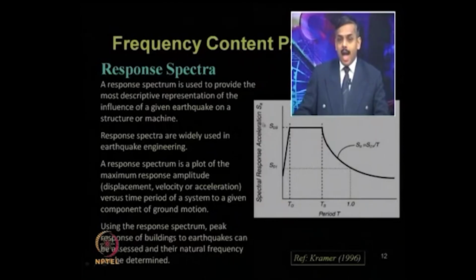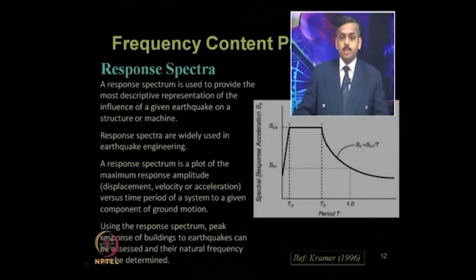As shown in this picture, it is the acceleration response spectra, because the y axis shows the acceleration SA. If it is SV, the spectral response velocity, then we call it the velocity response spectra. If it expresses the spectral response displacement, then we call it a displacement response spectra.